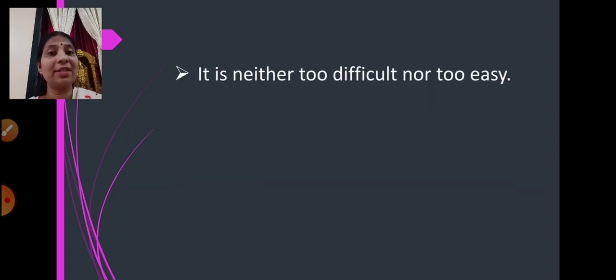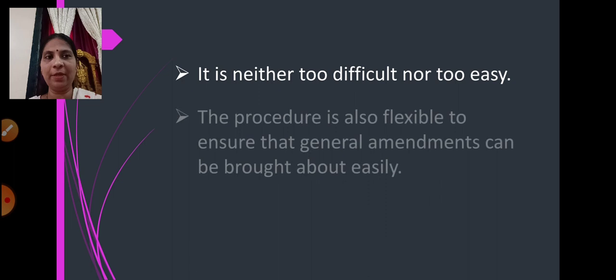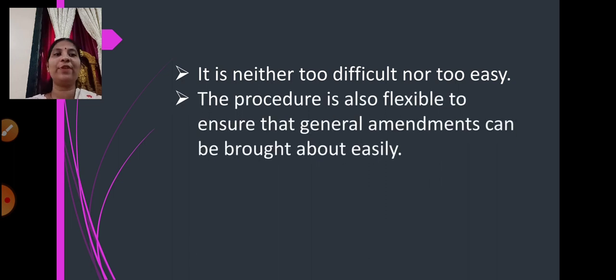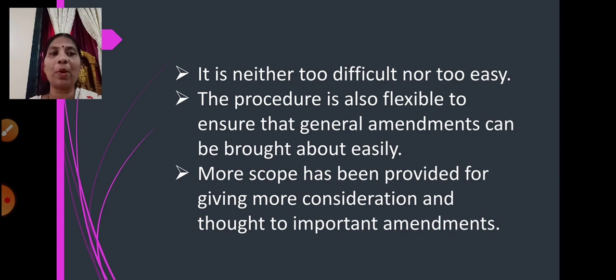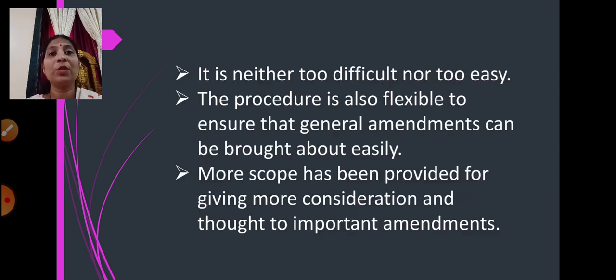Why is it unique? Because it is neither too difficult nor too easy, and the procedure is also flexible to ensure that general amendments can be brought about easily. More scope has been provided for giving more consideration and thought to important amendments. So this procedure of amendment of the constitution is unique because it is neither too difficult nor too easy, and it is also flexible.